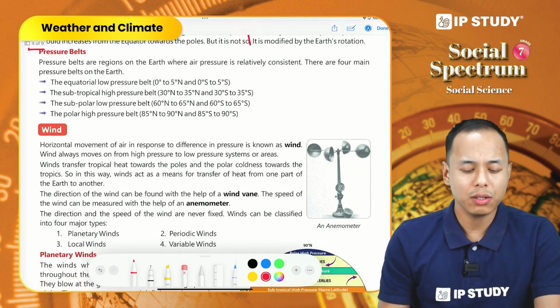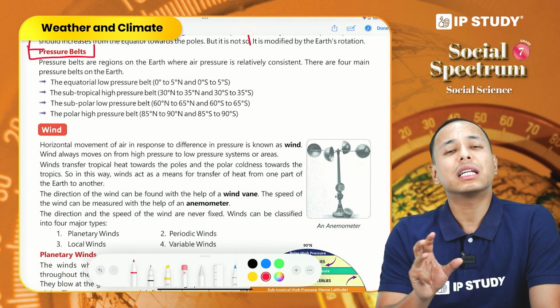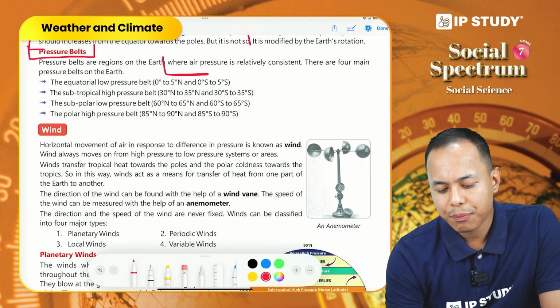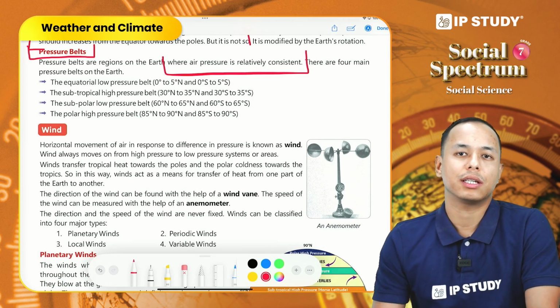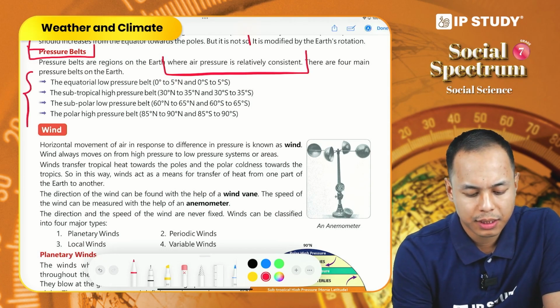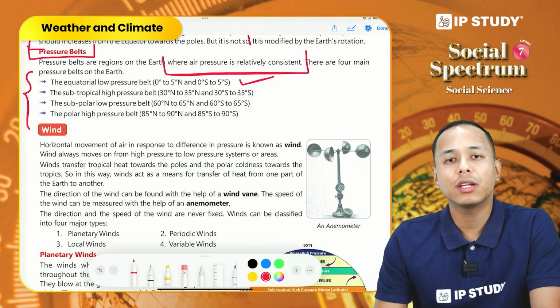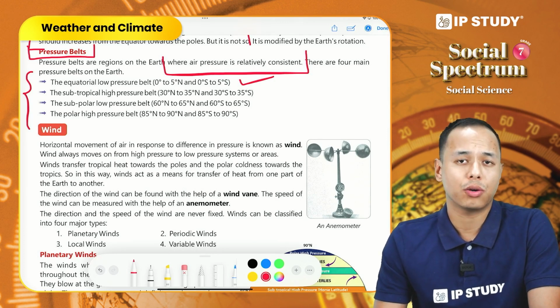So now let us see what pressure belts are. Pressure belts are the regions on the earth where air pressure is relatively consistent. There are four main pressure belts. These are the equatorial low pressure belt, 0 degree to 5 degree north and 0 degree to 5 degree south.